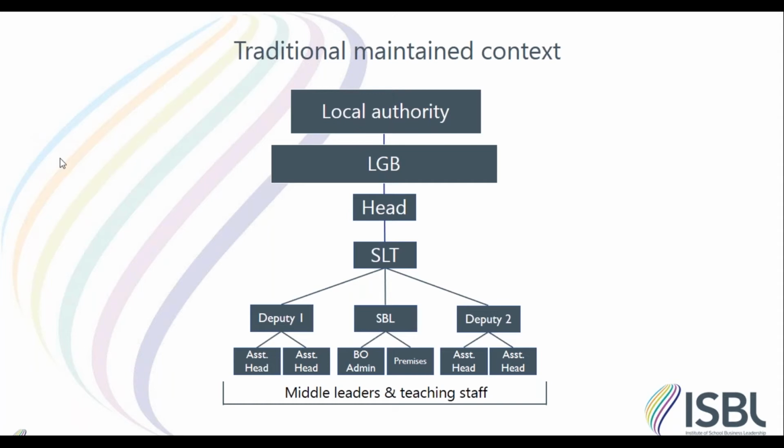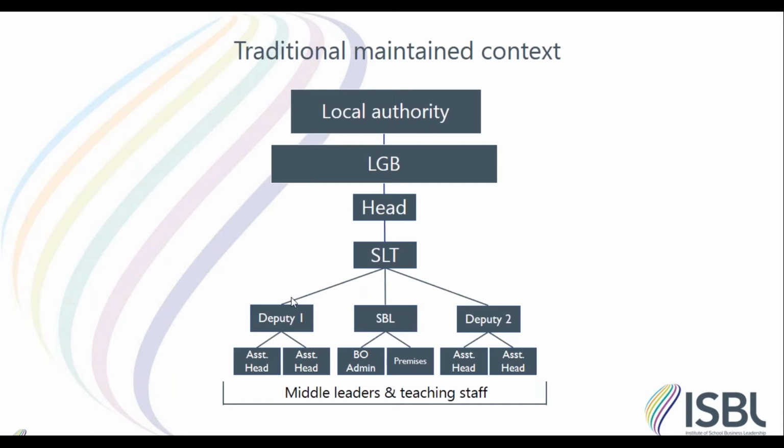Underneath the head teacher in your traditional local authority school, depending on the scale of the school, there may be deputies, assistants, and a school business leader of some description within that structure. And then, underneath that, you'll have middle leaders and teaching staff. So that's, I'm sure, a structure that many will be familiar with.